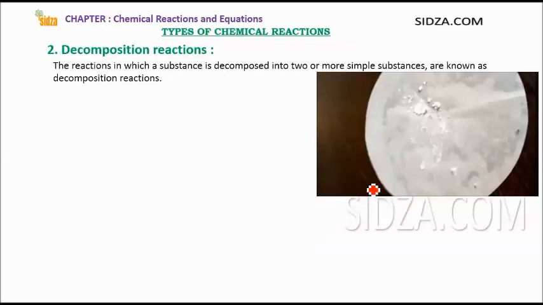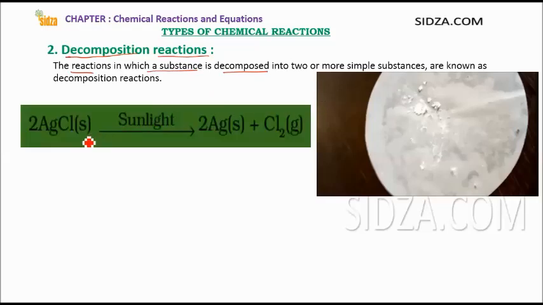Let's have a look at another reaction, the decomposition reaction. Decomposition is a reaction in which a substance is broken down into two or more simpler substances. One common example is silver chloride.